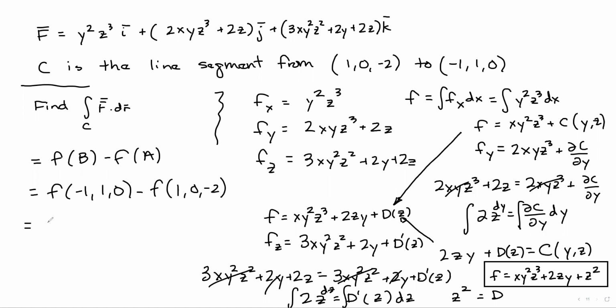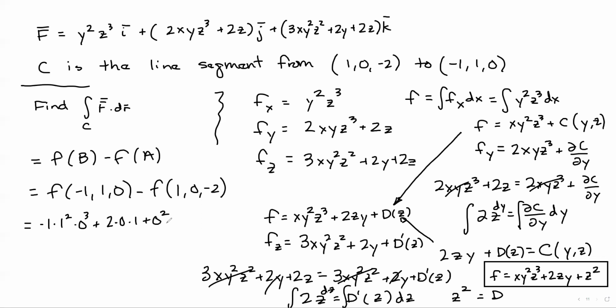So we're going to have -1 times 1 squared times 0 cubed plus 2 times 0 times 1 plus 0 squared.